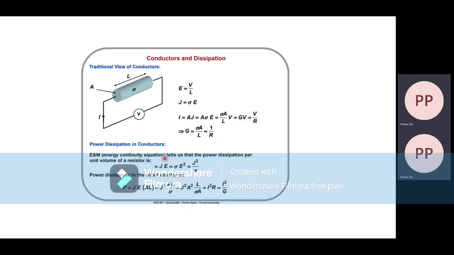So the power dissipation in the entire resistor is, I mean, it's VI, right? So you'll get I square R.